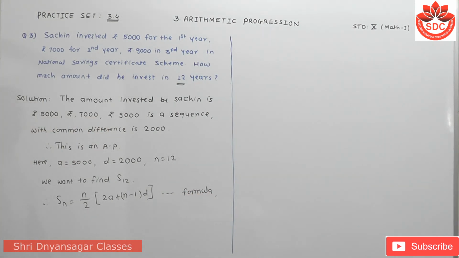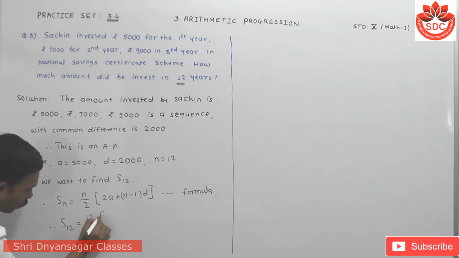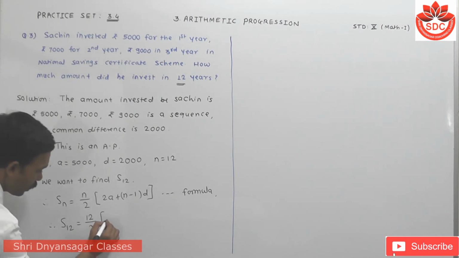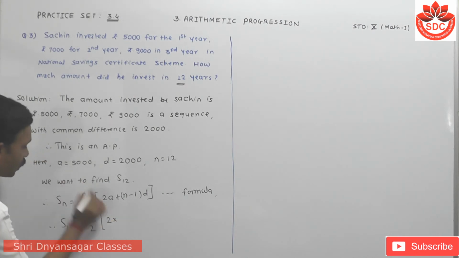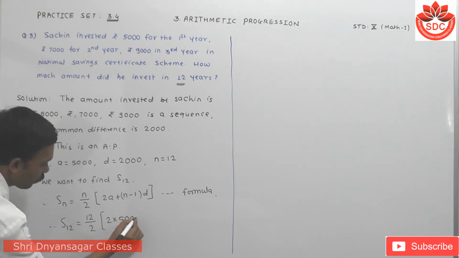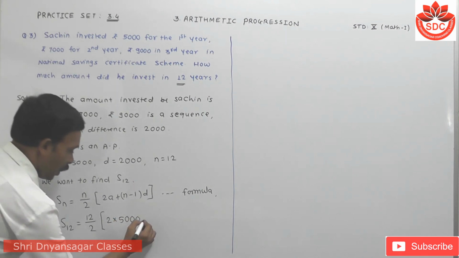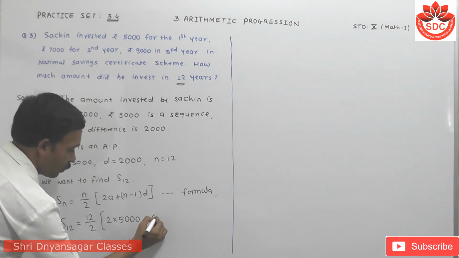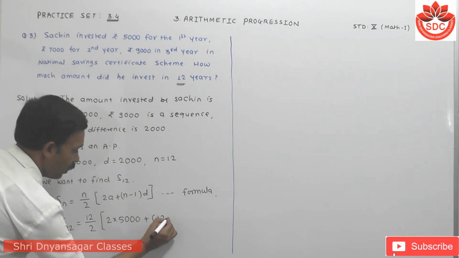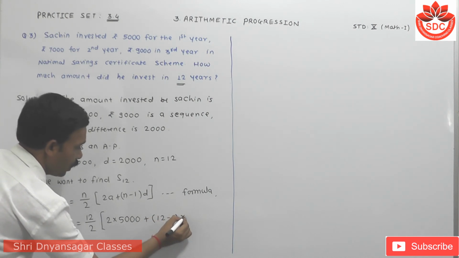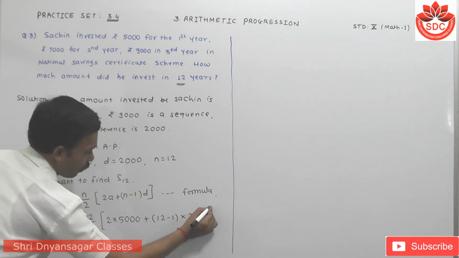Student, we have to put the values here. Therefore S12 is equal to 12 upon 2 in bracket twice into a, which is 5000, plus n minus 1, where n is 12 minus 1, into d which is 2000.